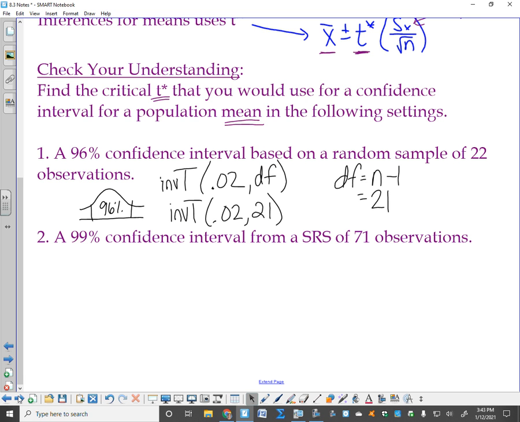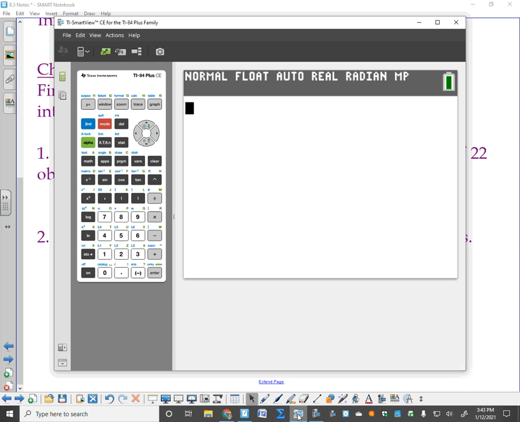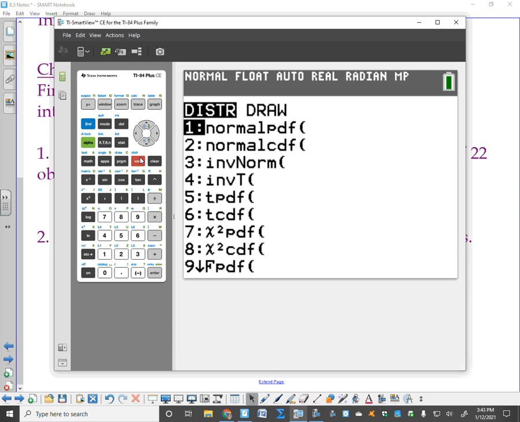So then I grab my handy-dandy calculator, and I go to my distribution, and you guys can see number 4 is inverse t. Now while we're here, look at number 6. There's a TCDF. And number 5 is a TPDF. So you've got your normals on 1, 2, and 3, and then you've got your t distributions for 4, 5, and 6.